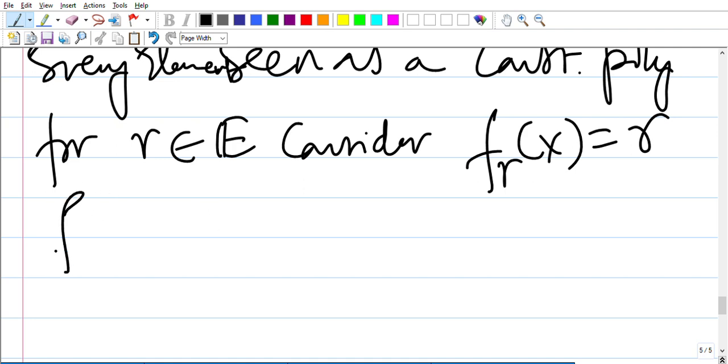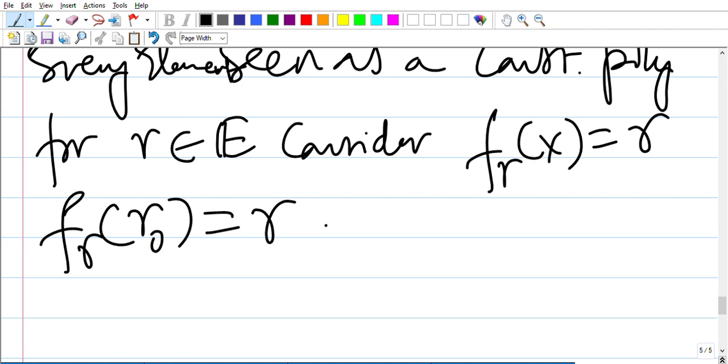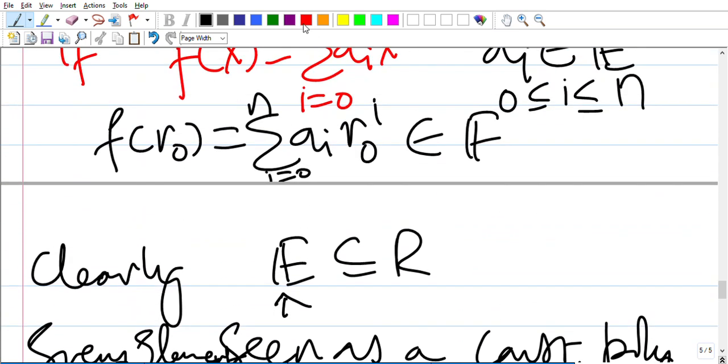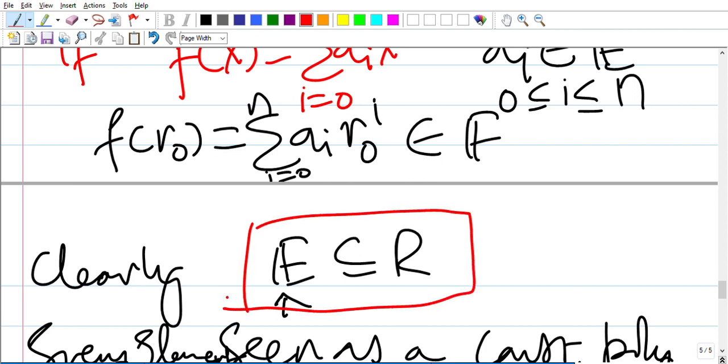Then when you evaluate f_r at any point, in particular at r0, it is just r by definition, and all such elements are in this set R we have defined above. So every element of E is an element of R.